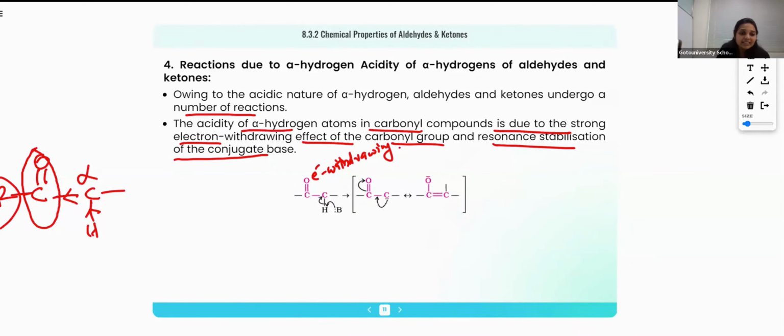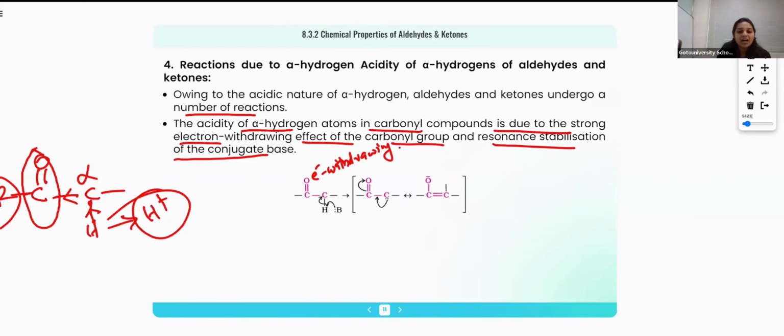So this hydrogen can be easily removed as an H plus ion. What is H plus? I told you, H plus means it is not taking this electron. It is removed as an H plus ion, leaving that pair of electrons. So electron acceptors are acids. Acidity of alpha hydrogen in carbonyl compounds is due to the strong electron withdrawing effect.